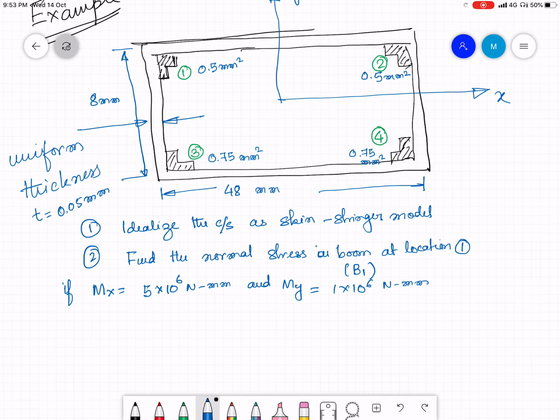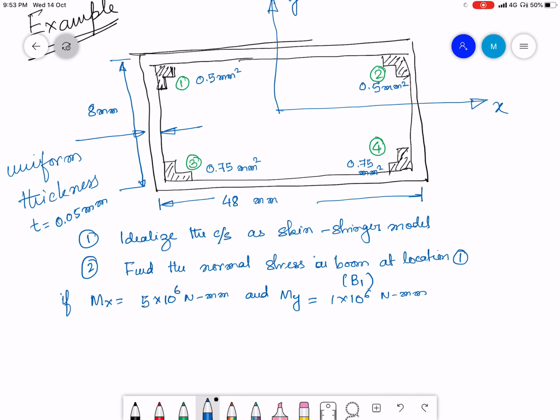So we have a rectangular thin walled semi-monocoque structure, which could be a part of a wing cross section. The cross section has a uniform thickness of 0.05 millimeter. The dimensions are given as 8 millimeter and 48 millimeter, and there are four stringers located at the four corners, given by location 1, 2, 3 and 4.